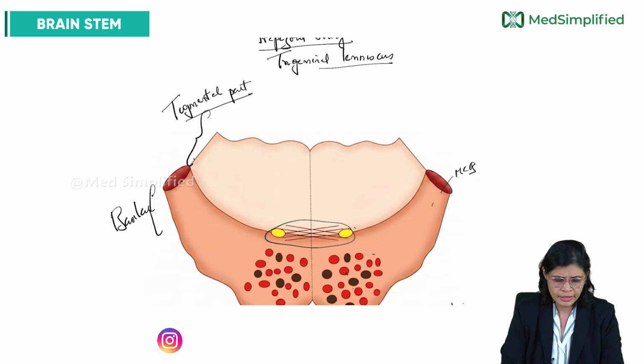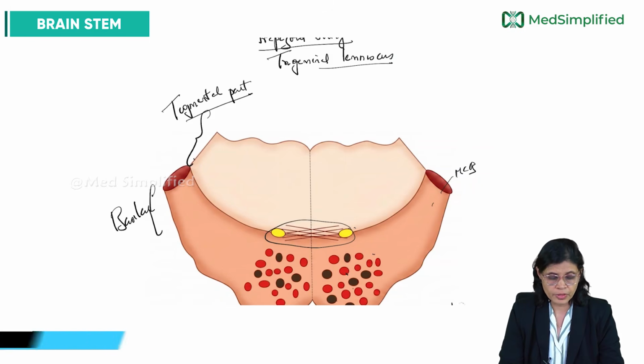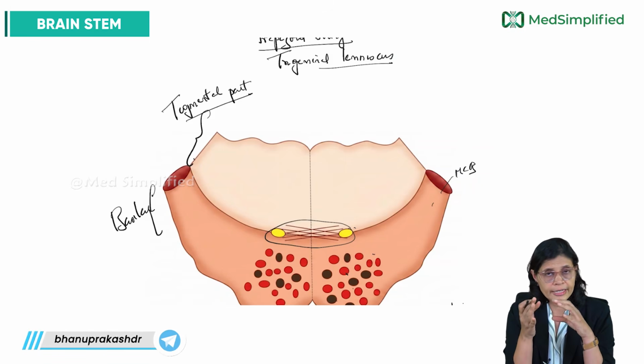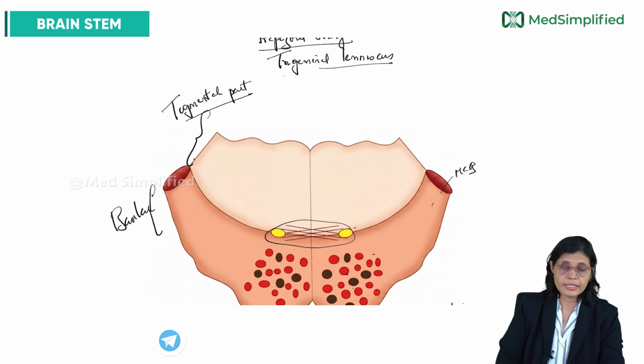So the trigeminal lemniscus is formed by the second order fibers, the fibers of the second sensory neurons, carrying fibers from the opposite spinal nucleus and principal sensory nucleus of the trigeminal.